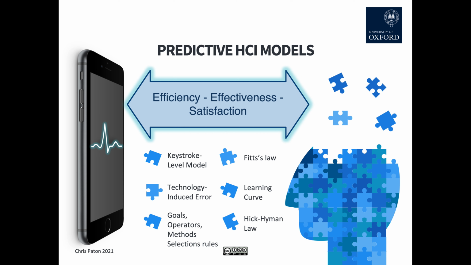There's a range of models that you can use that should predict the usability of your system based on how you've laid out the user interface and designed the features. It helps reduce the amount of time it takes to develop things if you know that you've designed something in a way that has far too many clicks or far too many options on a menu, or the buttons are too small to be able to find easily, that kind of thing.